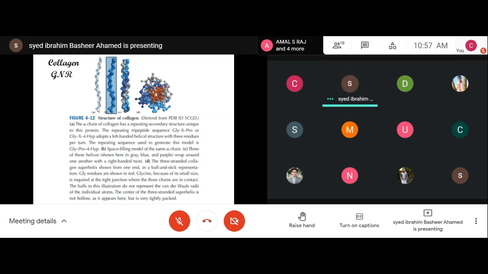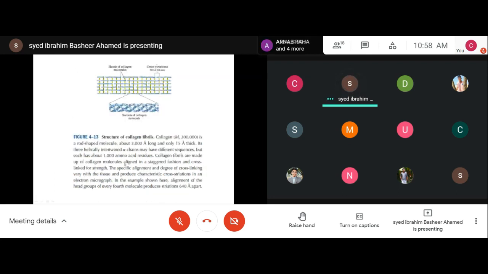After this analysis they came to a fruitful result, the Ramachandran plot, and without validation by Ramachandran plot, no protein structure will be approved even today. That is very nice work by G.N. Ramachandran. So this is again a collagen fibril and its geometry.